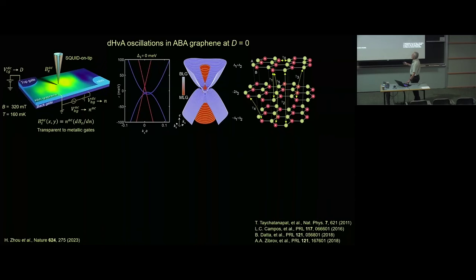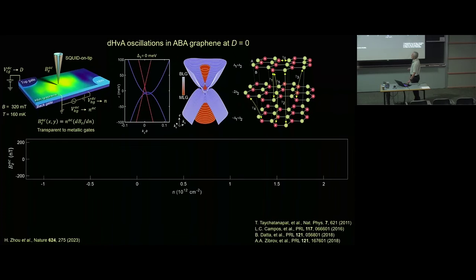Namely, we take this derivative, and what is important is that magnetic fields are transparent to insulators and to metals, so we can actually study samples encapsulated in top metallic gates, which allows us to apply displacement field, which is an important parameter to change the band structure in situ.